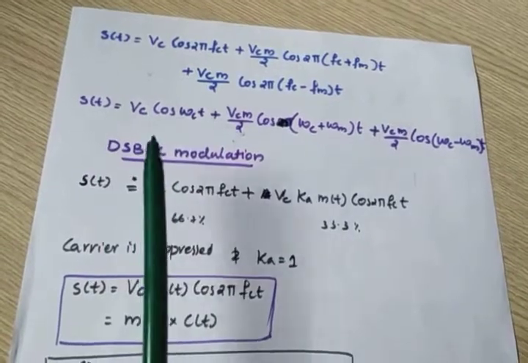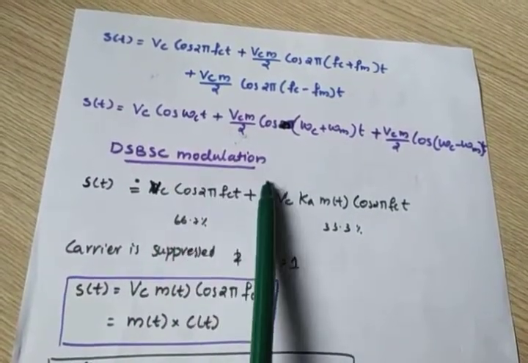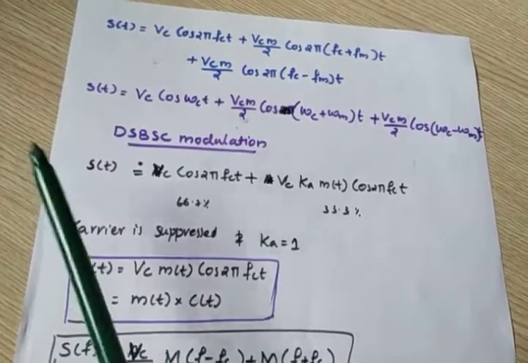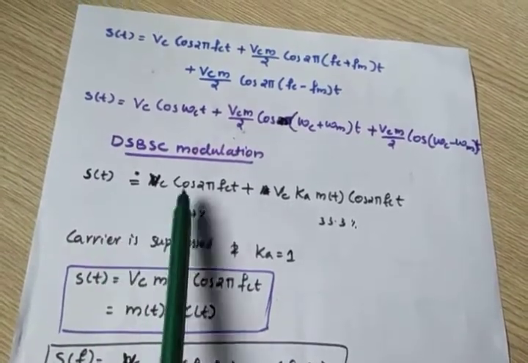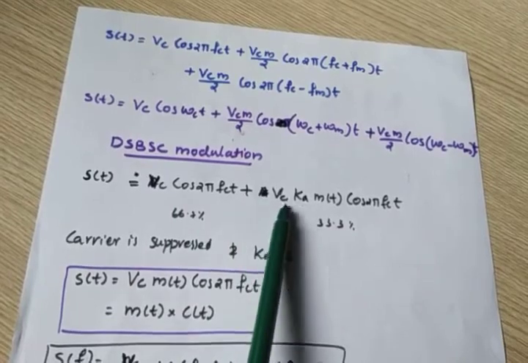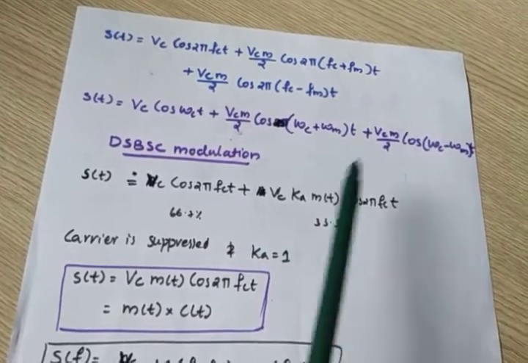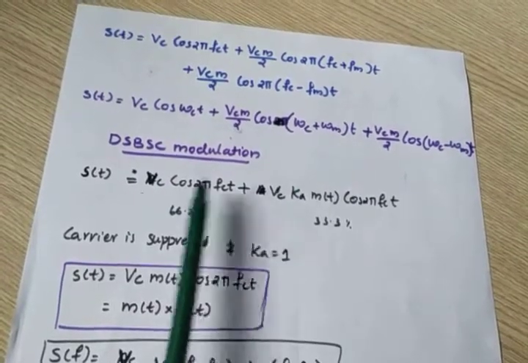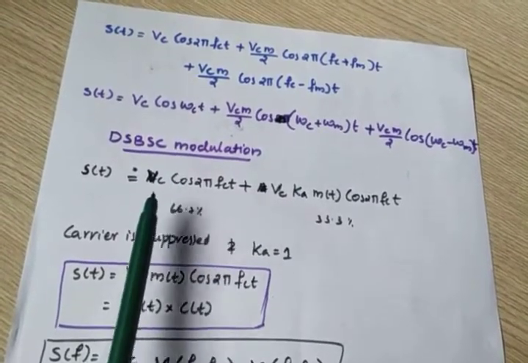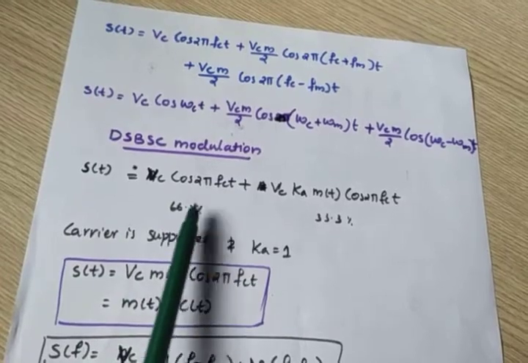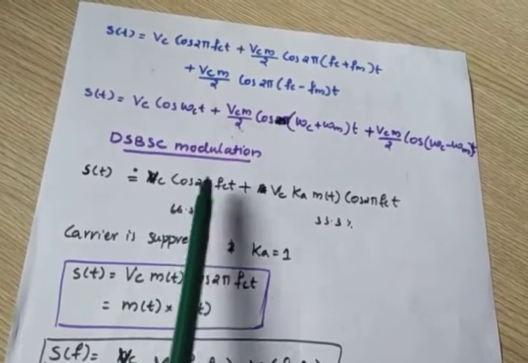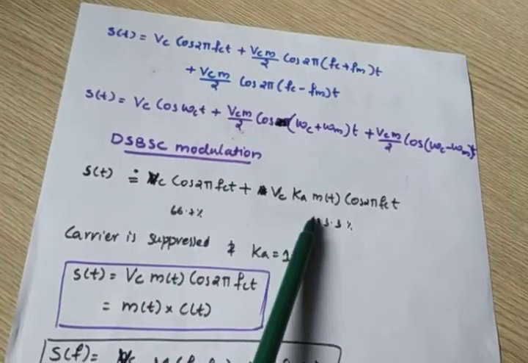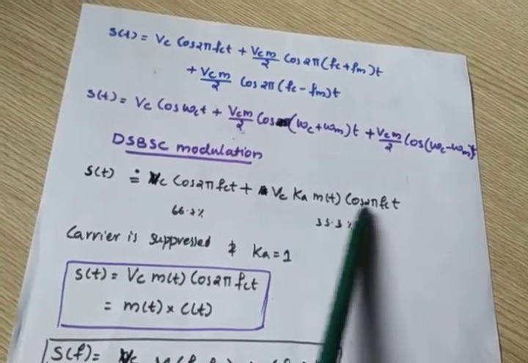Okay, next is double sideband suppressed carrier modulation. So we know that this is the general expression. S of t is equal to Vc cos 2 pi fct plus Vc ka m of t cos 2 pi fct. So this is the carrier, this is the sidebands. We know that if the modulation index is 1, 66.67% of power lies in the carrier and only 33.3% of power lies in the sidebands.